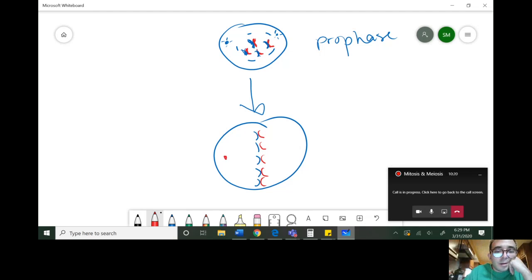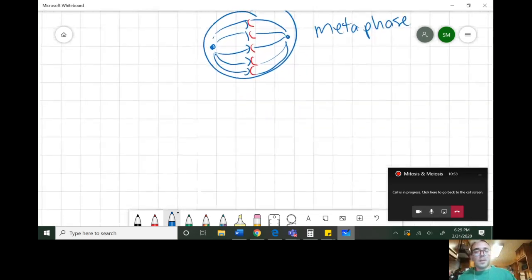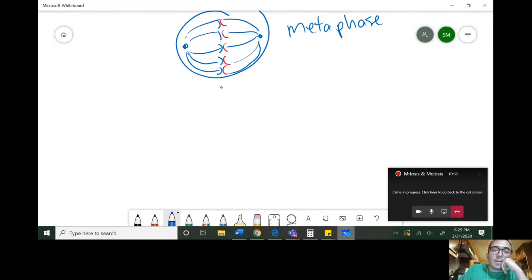And what's happening is that these centromeres are attaching themselves to our chromosomes. So this is our metaphase. Cool. Metaphase, done.